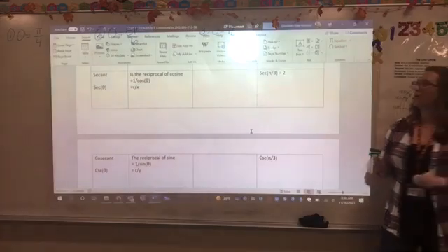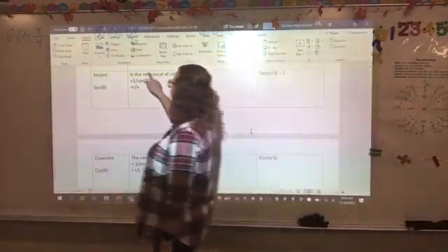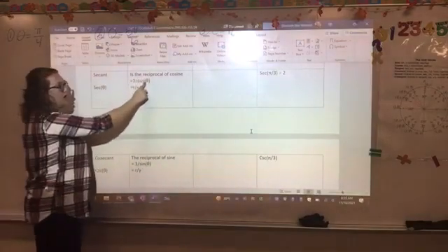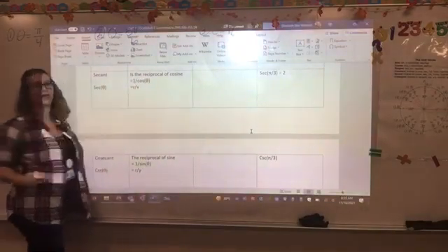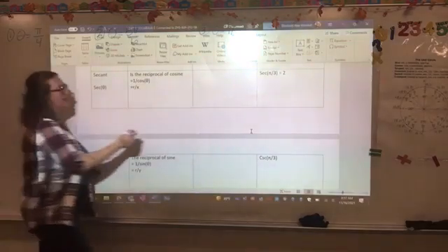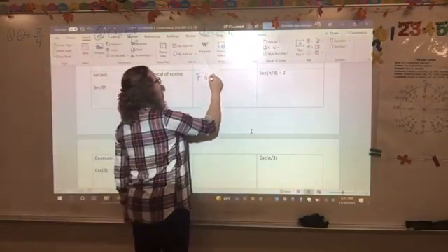Secant is the reciprocal of cosine, meaning it is 1 over cosine or r over x. So it is the flipped x, if you want to put that. Secant, you flip x.